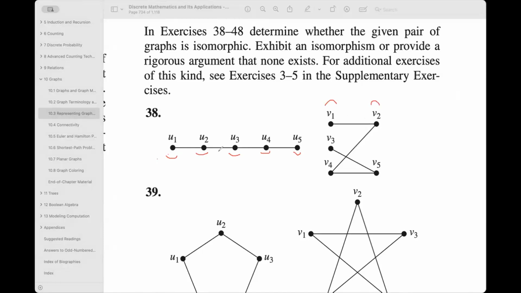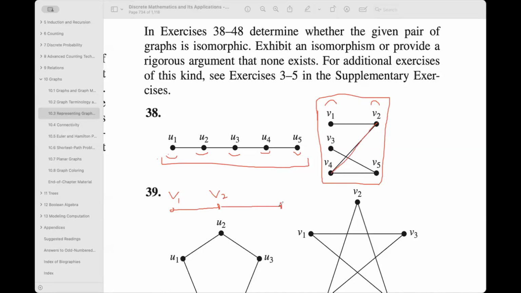You can see that these 2 are isomorphic because even though this one looks different, I can take V1 and connect it to V2, and then take the next edge that connects V2 to V4 and lay it out flat as well. And then take the edge that connects V4 to V5 and lay it out flat as well. Same with the one that connects V5 to V3.